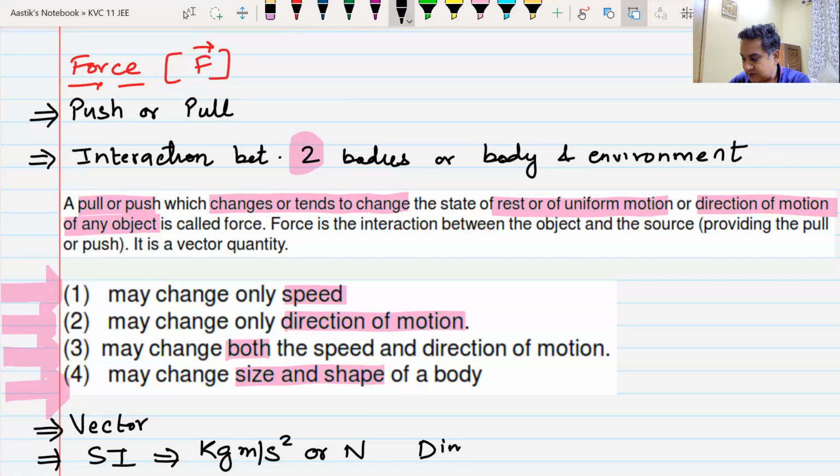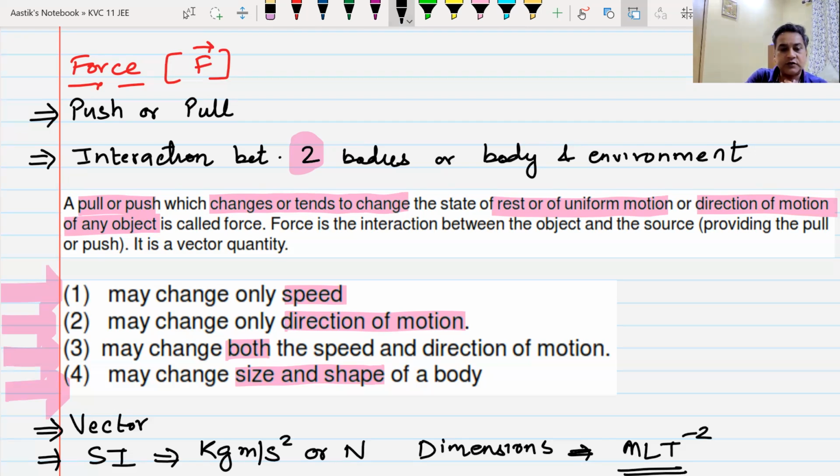What are the dimensions? MLT minus 2. Great. This is what we should understand by force.